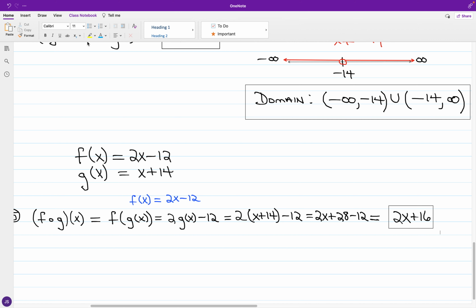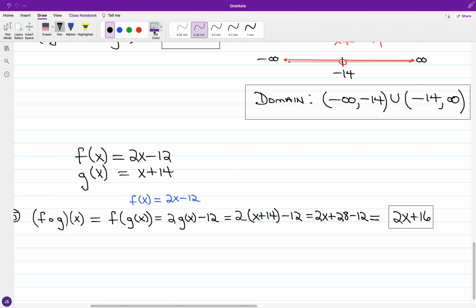Now for the determination of the domain, you're looking at keeping the input as well as the composition itself defined.